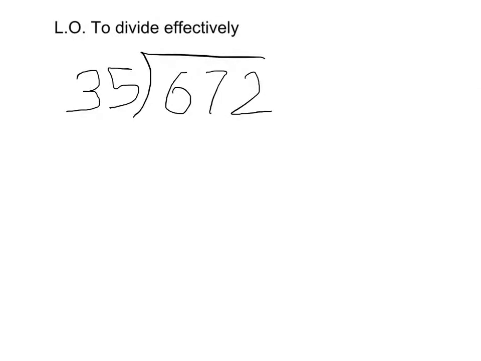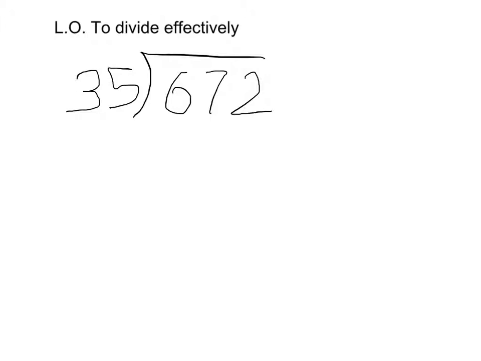Instead of putting 35 into 6, which is quite a long-winded method and can sometimes get quite tricky, I'm going to use a method that I call chunking. It's simply subtraction, except that you multiply as well. So I put a 35 down.